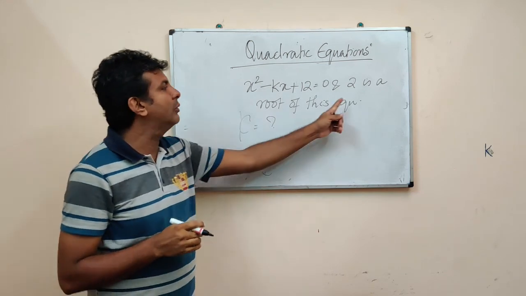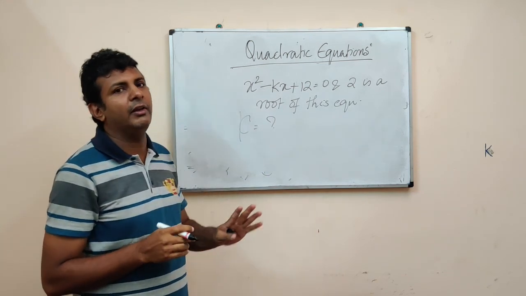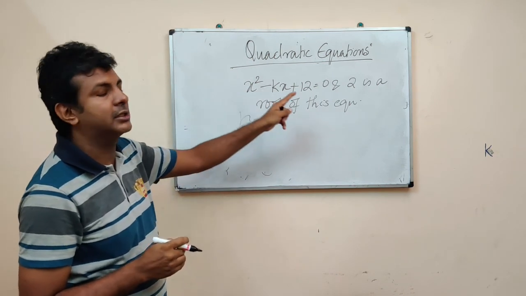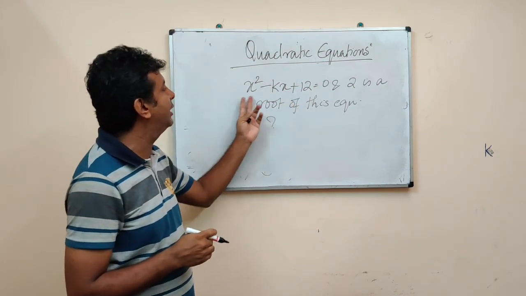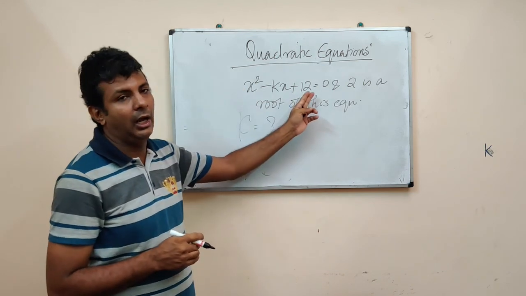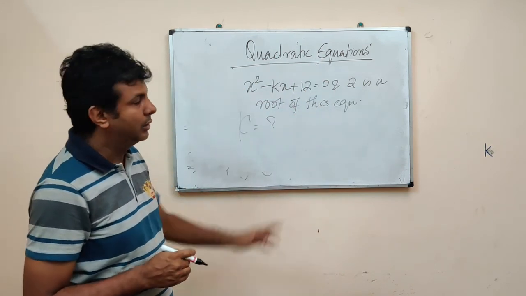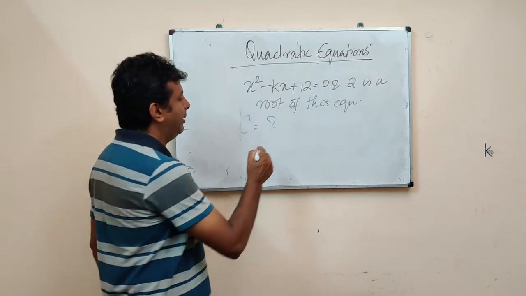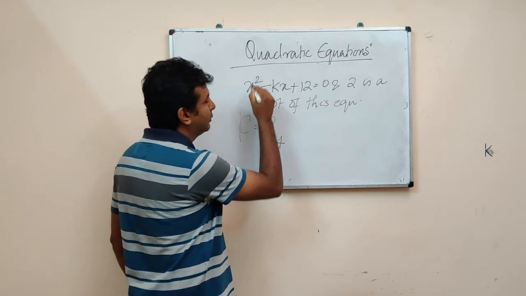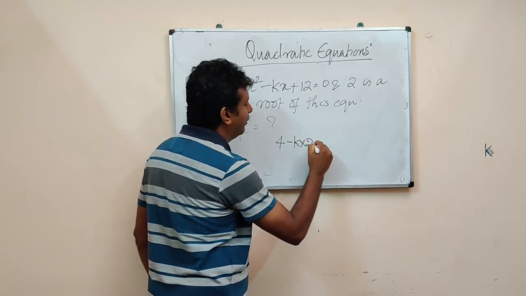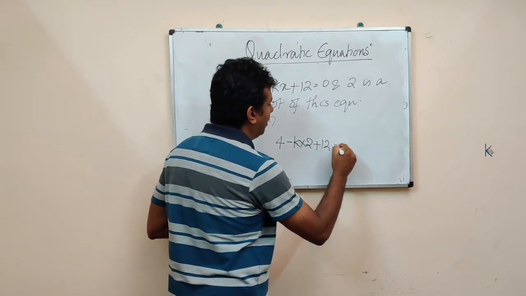Now, if 2 is a root, then what do we know for sure? That if we substitute 2 for x, we should get the value of the left hand side to be 0. So you put 2 here, it will be 4, 2 square is 4, minus k multiplied by 2, plus 12 equal to 0.